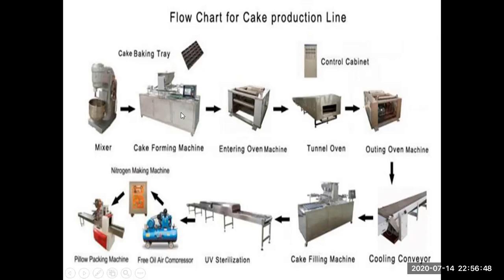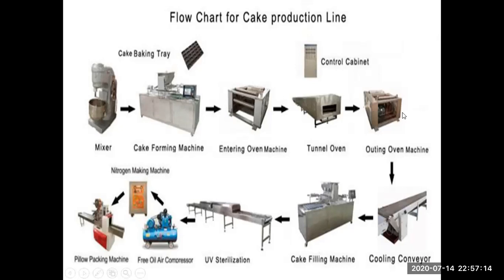Then there is a forming machine where the cake is shaped into different forms. Then from the forming machine, it enters an oven. It can be two kinds of ovens, a tunnel oven or an electric oven, but mostly electric ovens are used for making cakes.